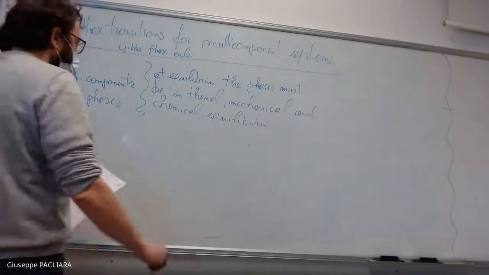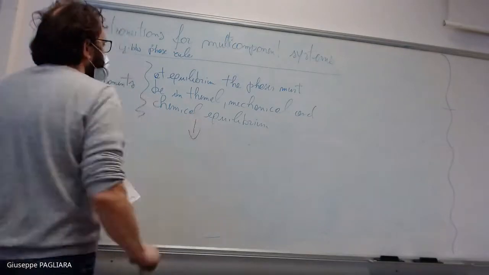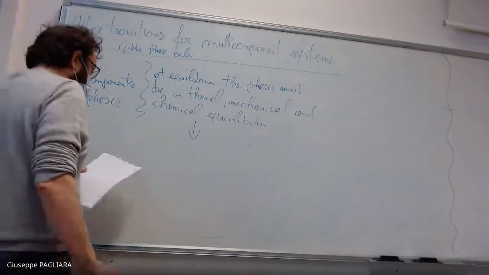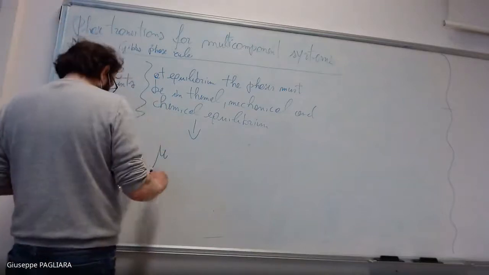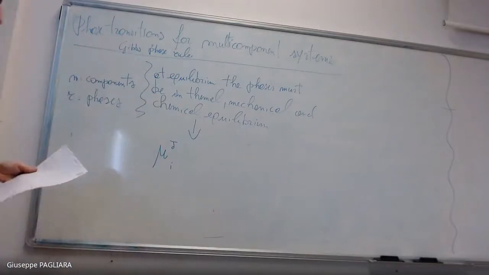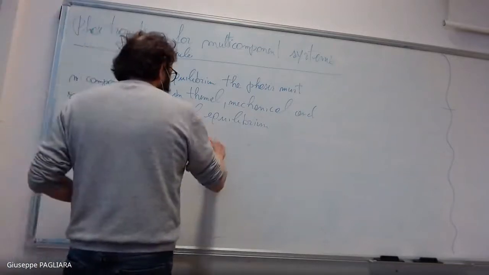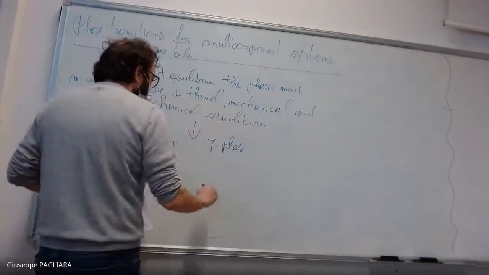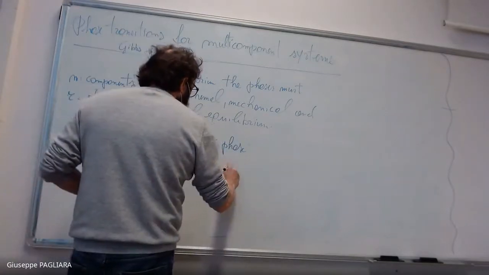Actually, this last sentence, chemical equilibrium, means many equations. How many equations? Suppose that we indicate with mu_j^i the chemical potential, where j is the phase index, whereas i is the chemical index.